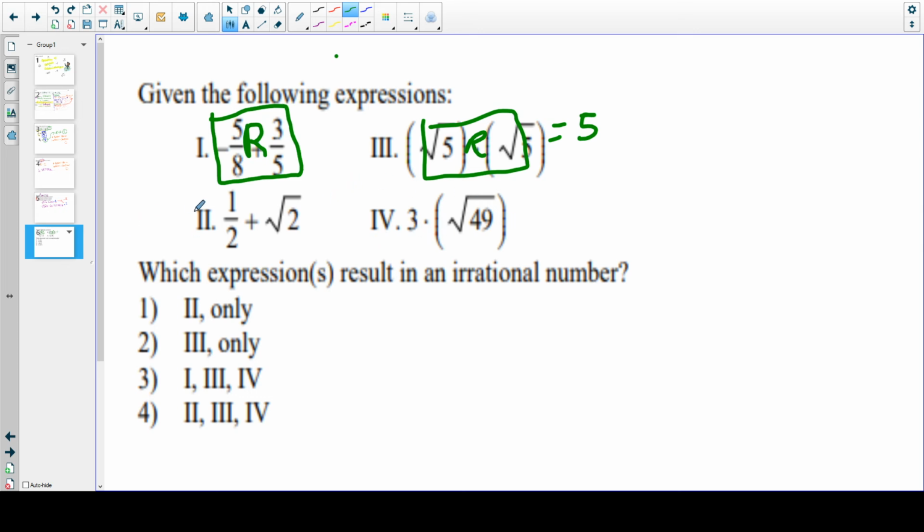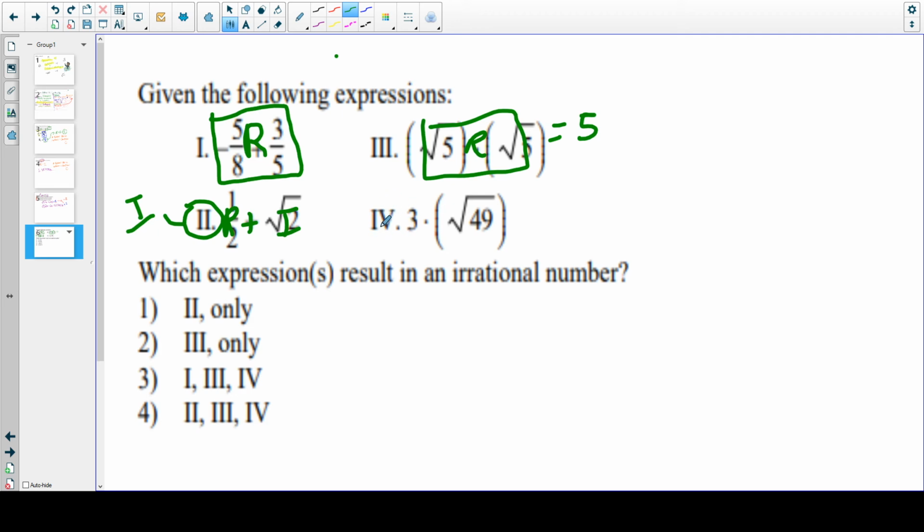Okay? This is a fraction, which means that this is rational, plus the square root of 2, which we know is irrational. So number 2 is irrational. Also, if you put it on your calculator, 1/2 times 1/2 plus the square root of 2 is going to be a decimal number that goes on forever with no pattern. Okay?